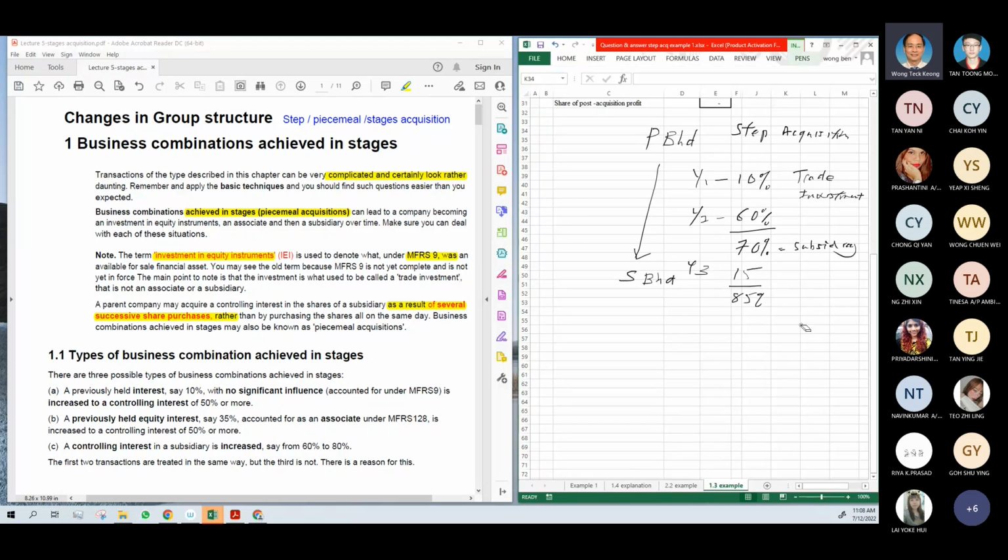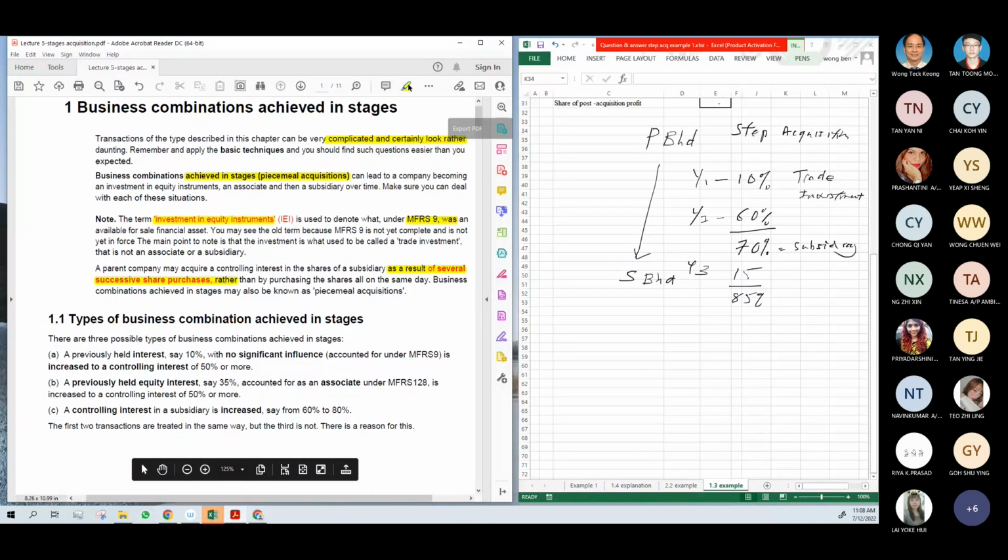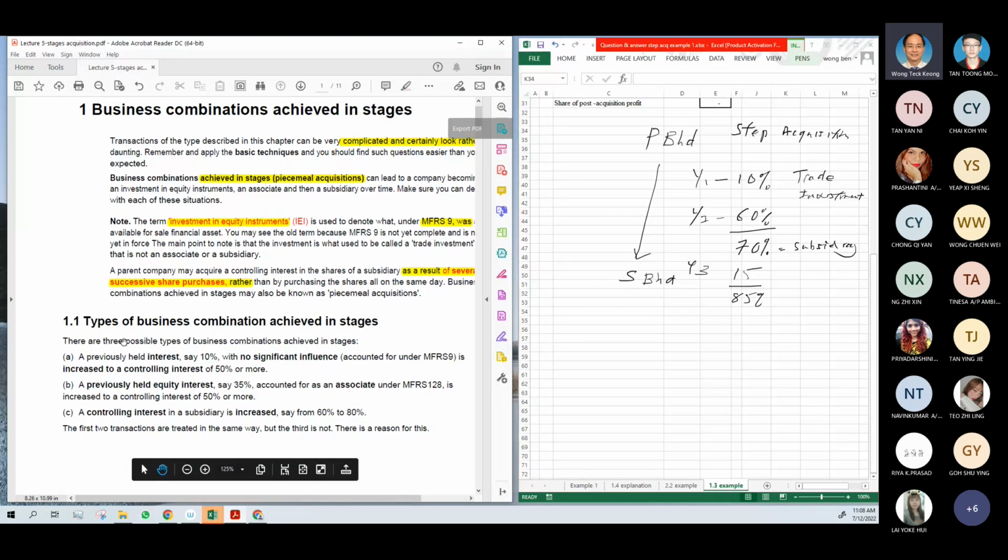Today we are learning about the different steps, at different stages. Basically in my note here, we've given you 3 types you have to know, 3 possible ways. First one is previously held interest, existing 10%, no significant influence.